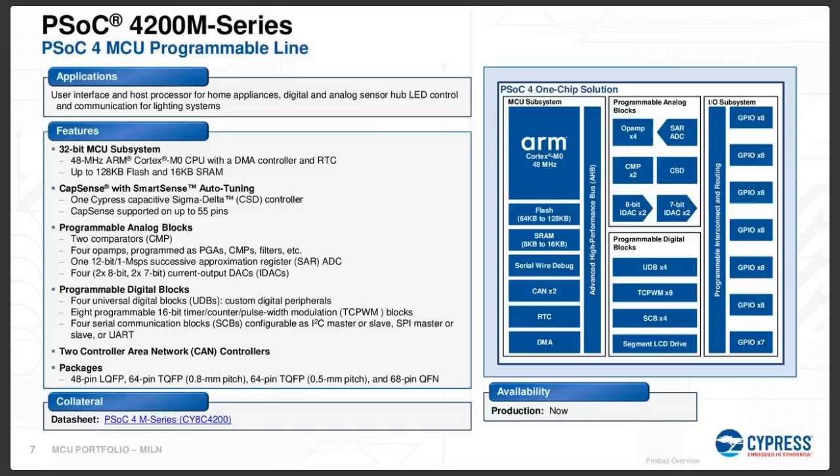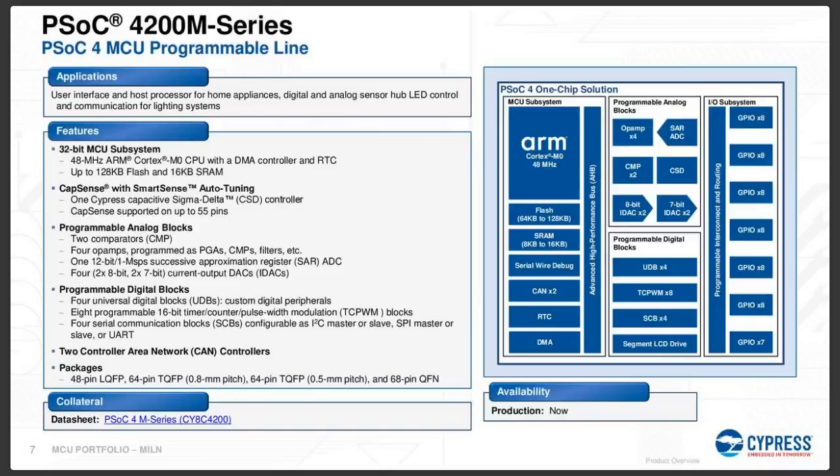And then here you see UDBs, the universal digital blocks. This particular part has 4 of those. You could use these UDBs to give you additional counters, timers, PWMs, additional communications blocks, or anything that's just unique digital logic that you wanted to put on the part.